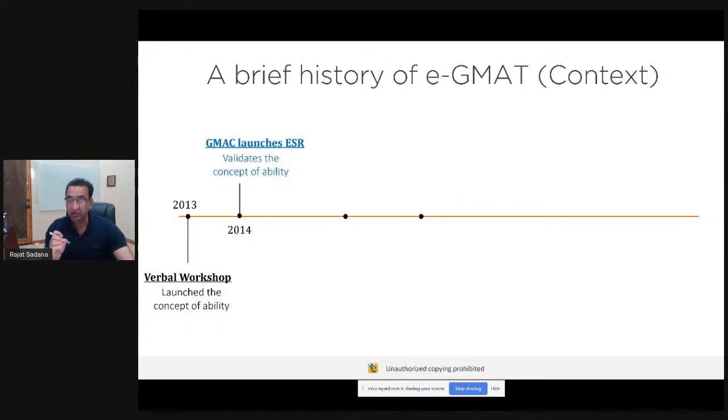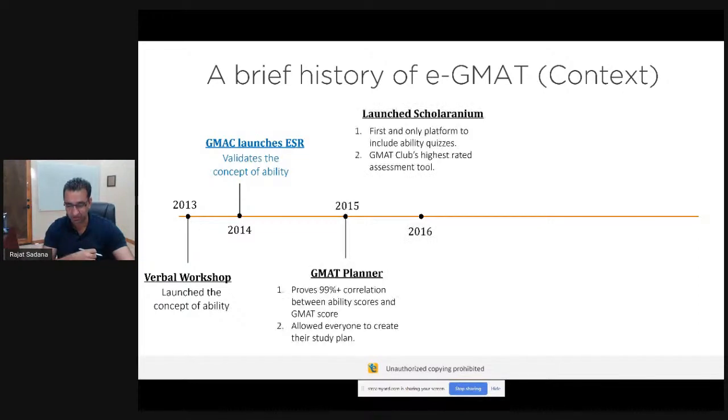This was a year before GMAT even announced the enhanced score report, where they mention ability. They validated that concept of ability, that the GMAT really does measure ability. We announced that a year before, just by analyzing the various score reports and the very limited set of data points that were available to us.